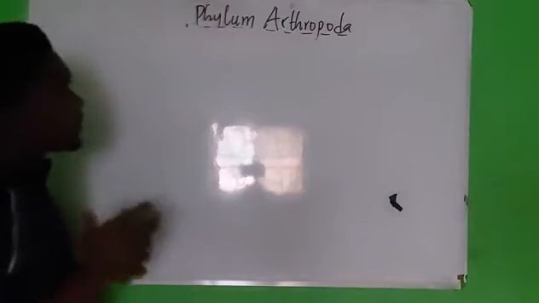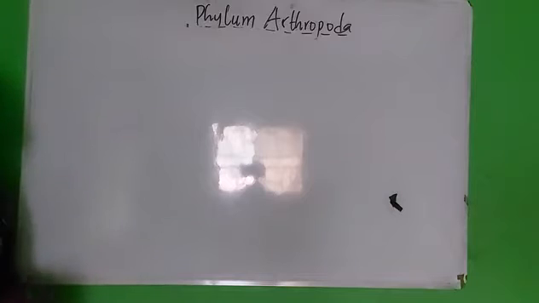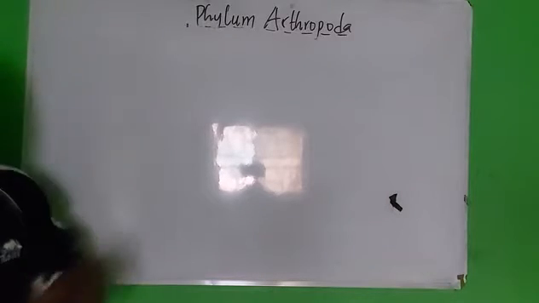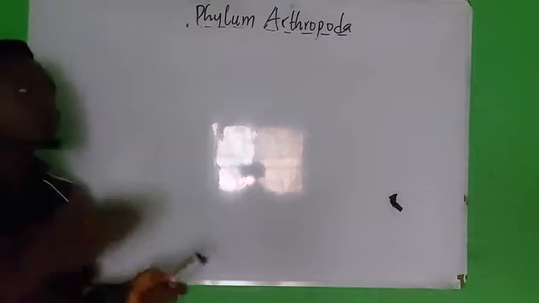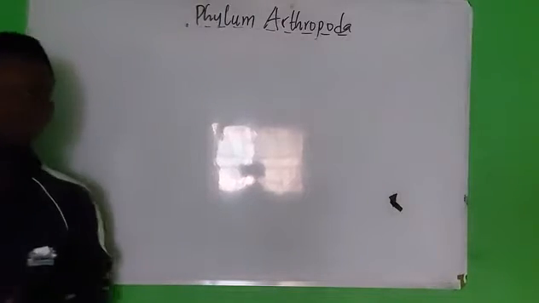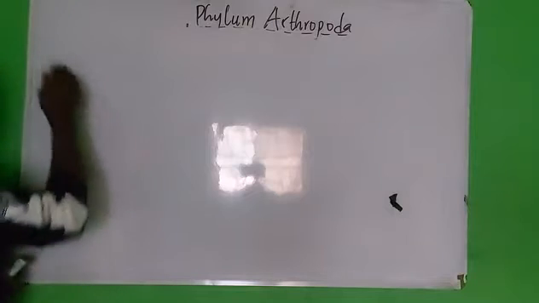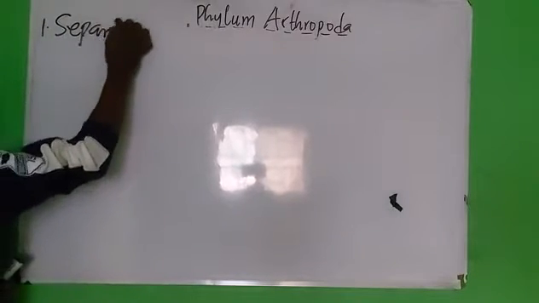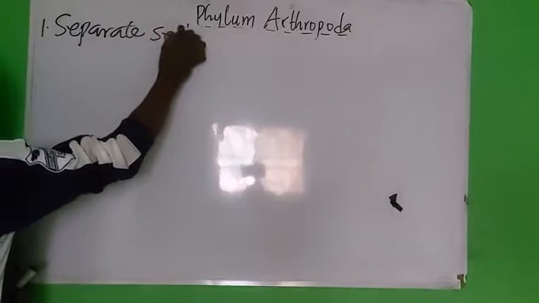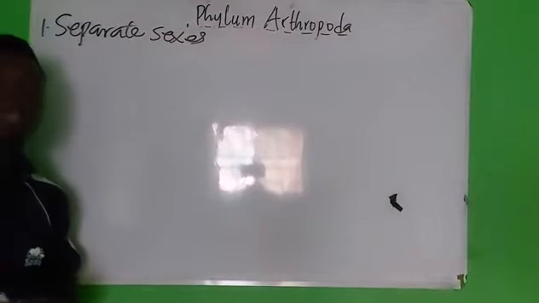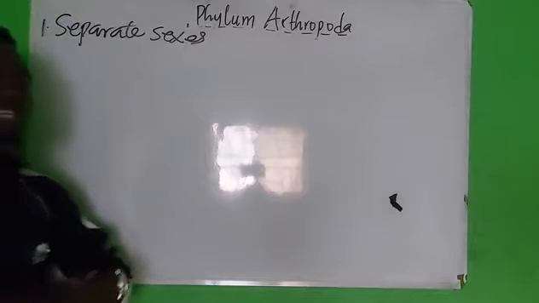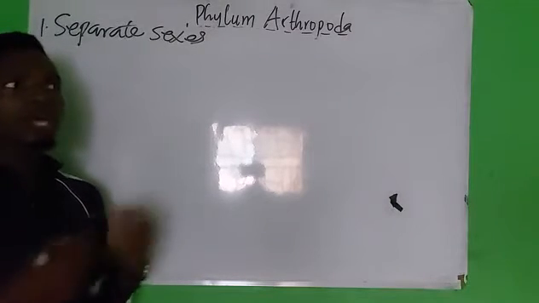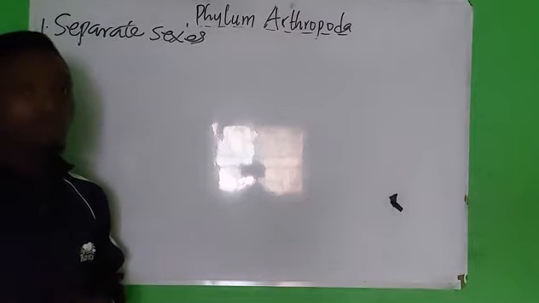Okay. Now, before we look at the various subphyla and the various classes found here, let us look at the general features of Phylum Arthropoda. Take note that these organisms have separate sexes. If they have separate sexes, it means that they are what? Dioecious, alright? Unlike other organisms that are monoecious.